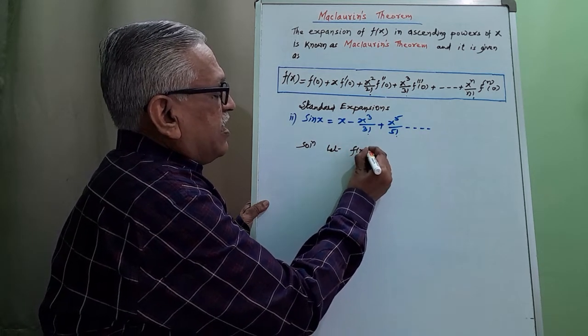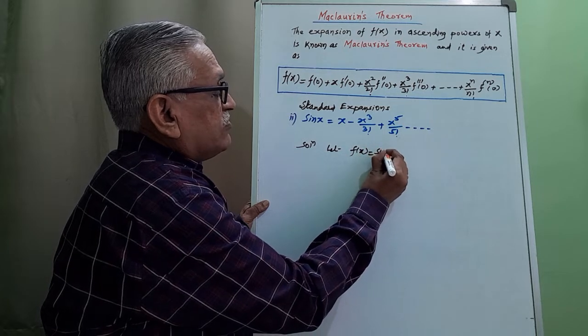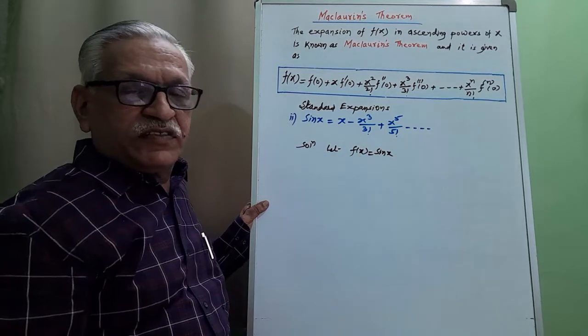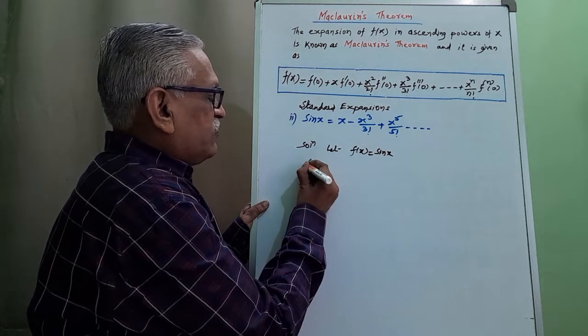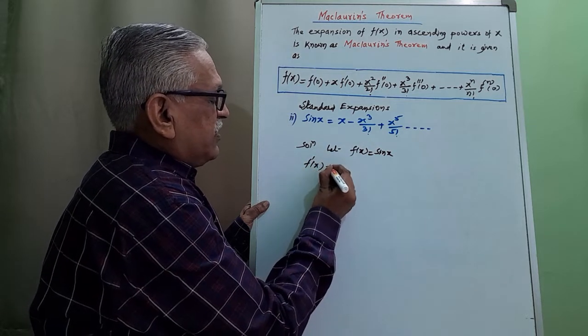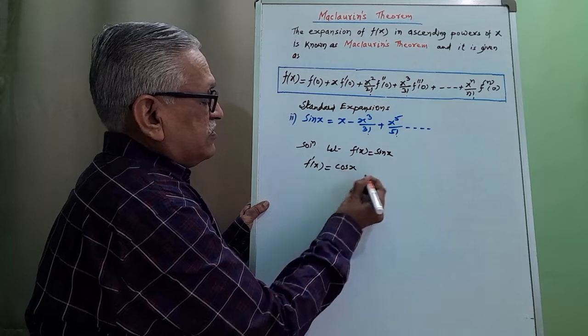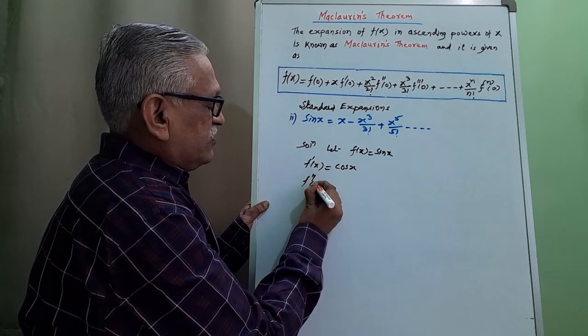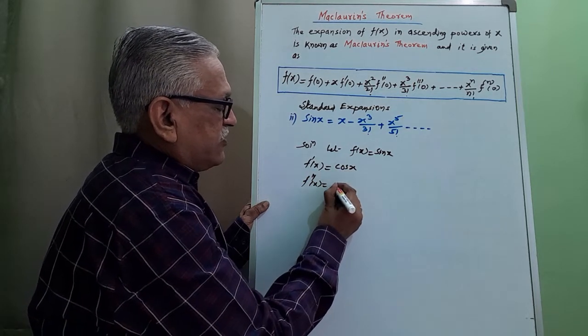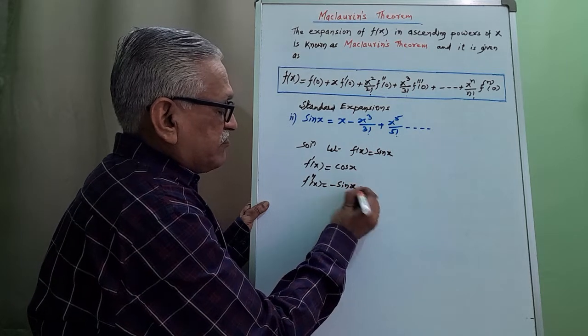given f of x as sine of x, we try to differentiate it successively with respect to x. We get first derivative of sine x is cos of x. Again differentiating it, we get f double dash, derivative of cos as minus sine x.